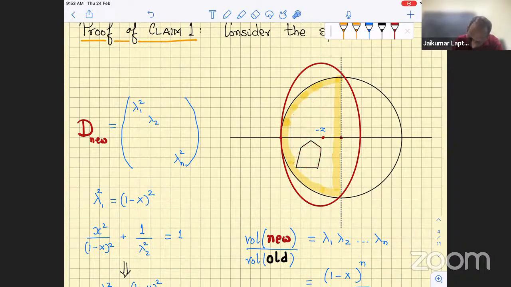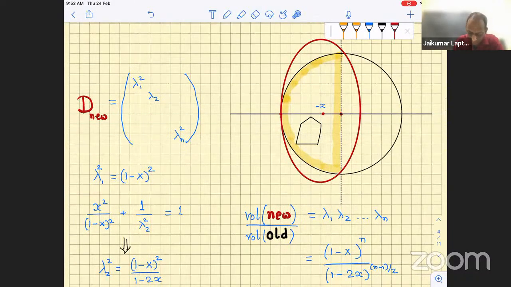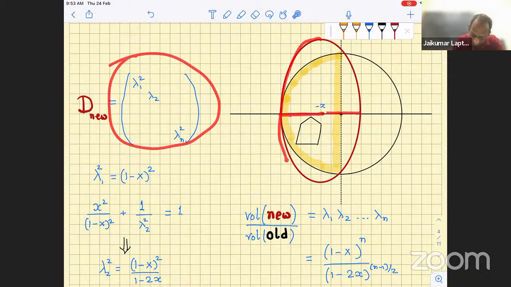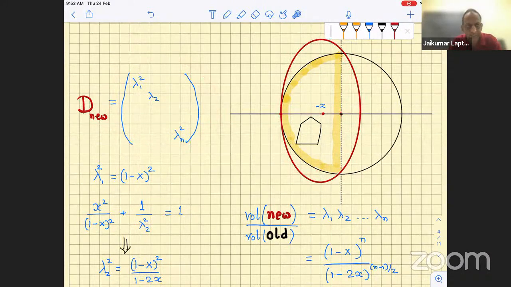And we are now assuming that the new ellipse we want to build has its center here at -x.